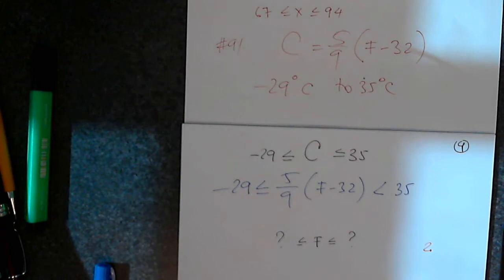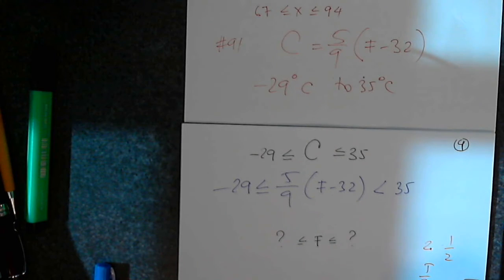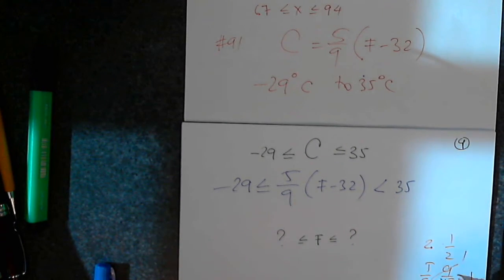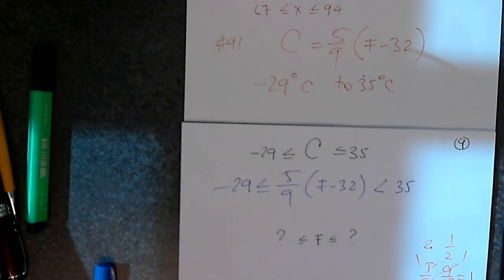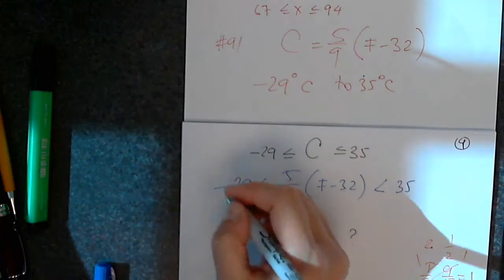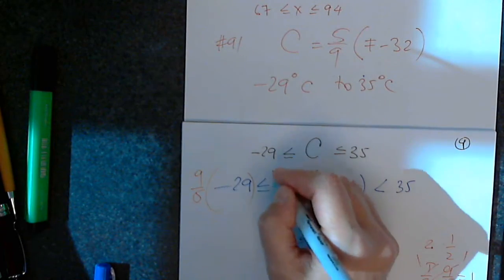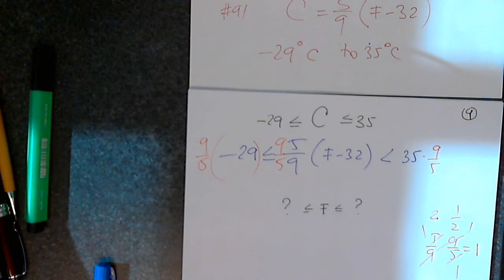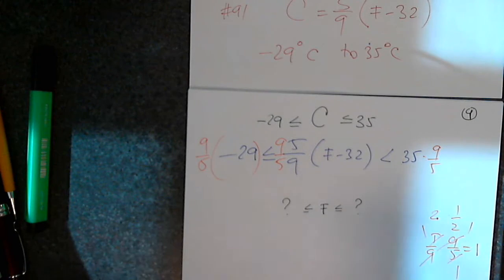Multiplying by 1/2 will get rid of 2. So if I want to get rid of 5/9 and get 1 at the end of the day, what should I multiply by? Exactly, 9/5. Because these go away, and I get 1. So 9/5 on this side, 9/5 in the middle, and 9/5 on the right-hand side. So what is left in the middle?